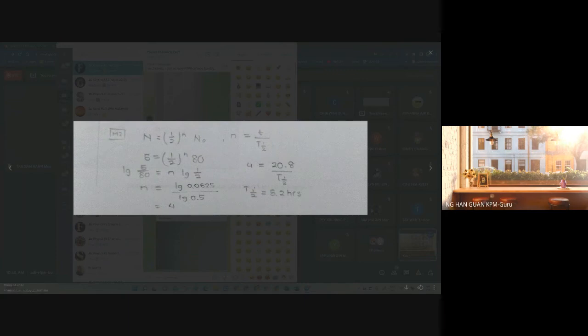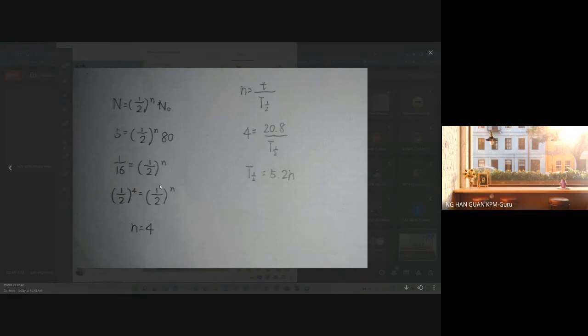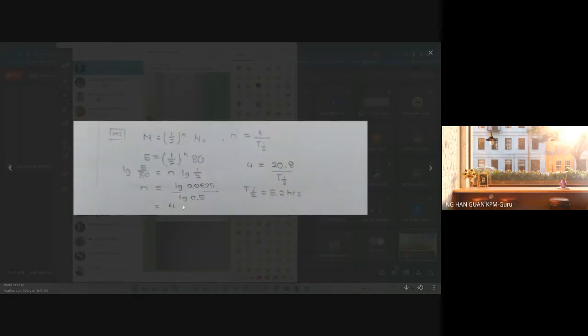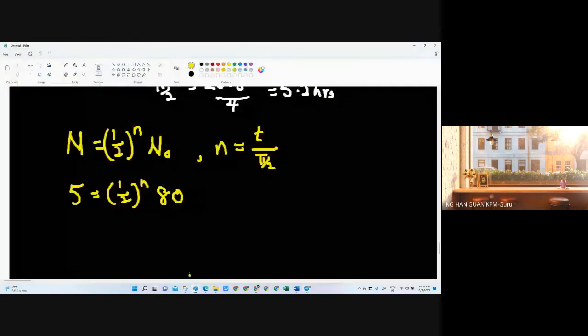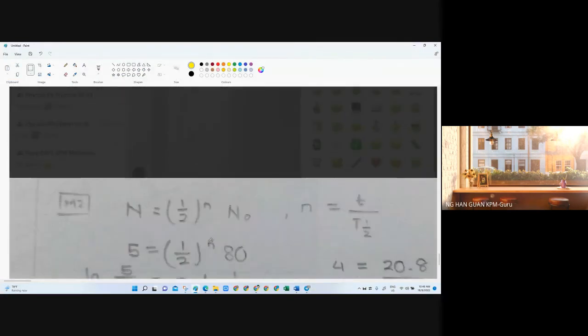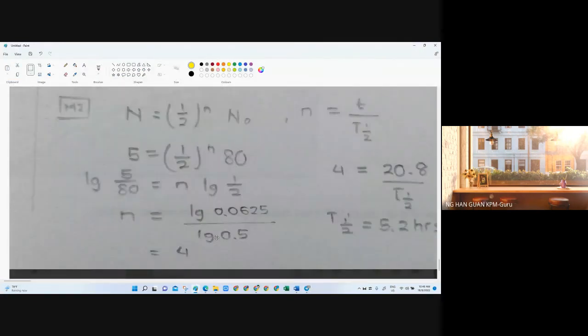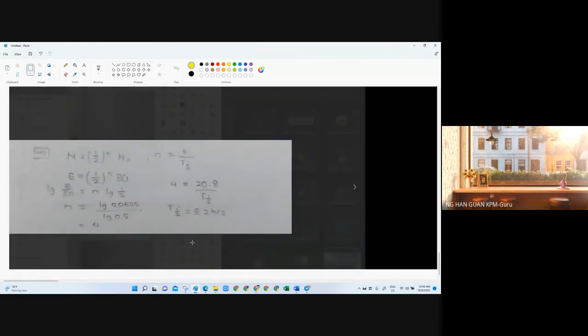All right. So the answers have been shared. Here you see there are two different answers, two different working steps. They use the same formula, but solve in two different ways.